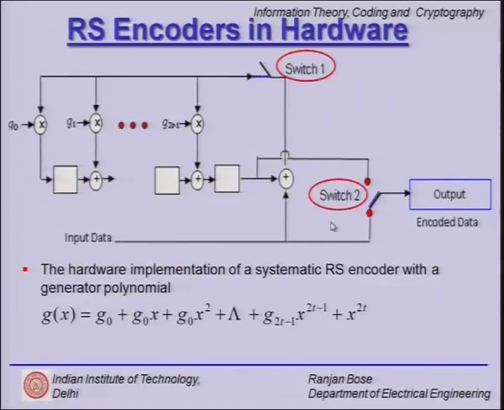Okay. So, what has happened is switch 1 is closed and switch 2 is connected here. So, by the time this data is being clocked, please note the values of the shift registers are also continually changing.